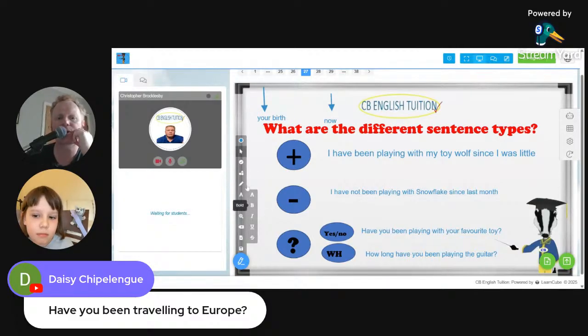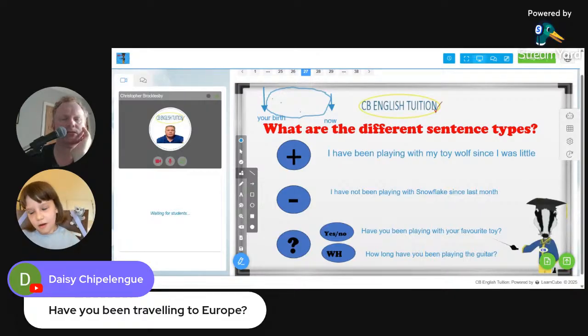Whereas the present perfect simple can be any time in this time area, it could be here, could be here, could be here. The present perfect continuous will... For example, I have been learning English since I was born.